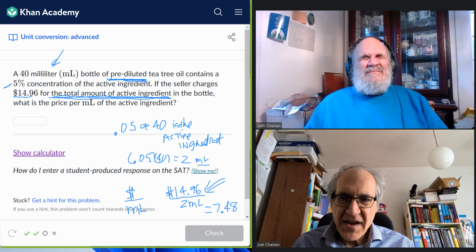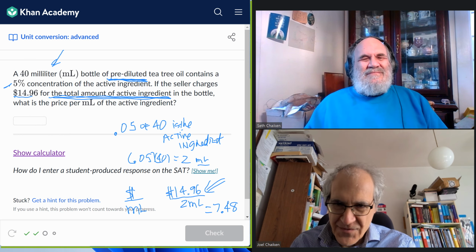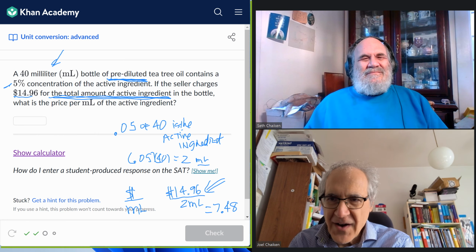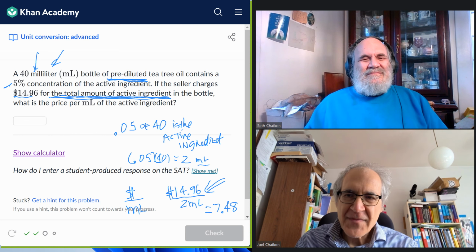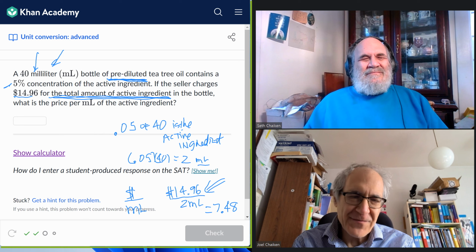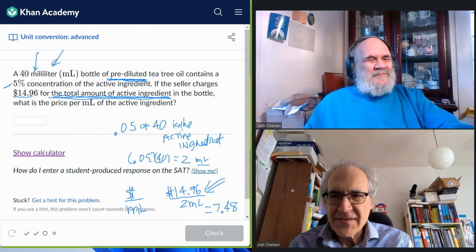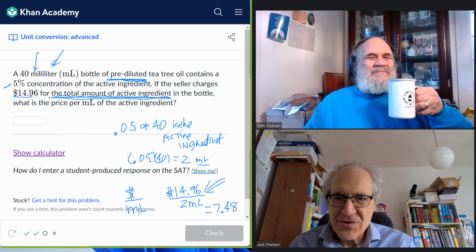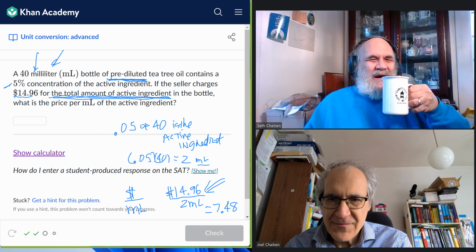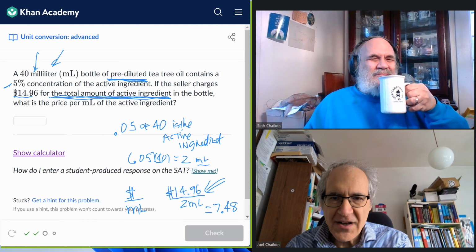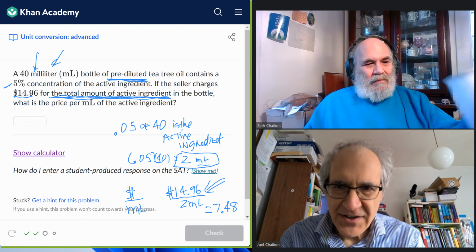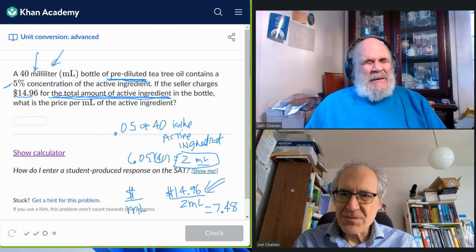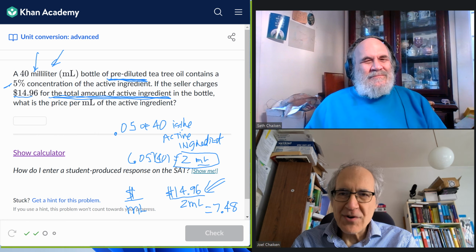You have to know that if you have a volume of liquid and 5% of it is active ingredient, you multiply 5%, which is 0.05, times 40, to get the amount of active ingredient: 2 milliliters of absolutely pure oil.